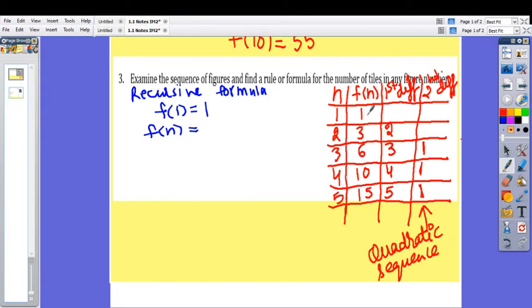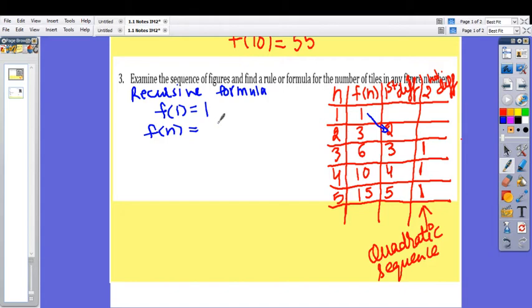We just add 2 to it to make it 3. If it is 3, then you add 3 to make it 6. So if n is 2, you are adding 2. If n is 3, you are adding 3 to the previous term.